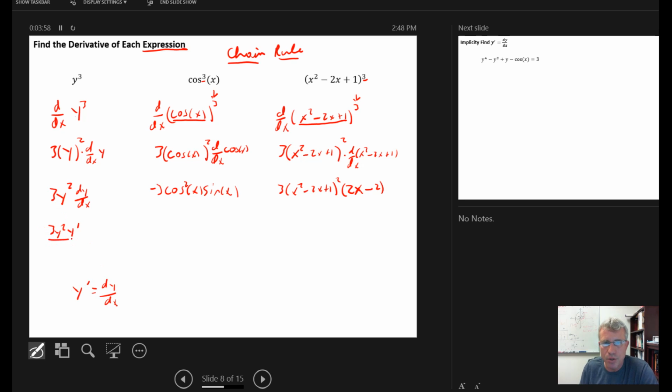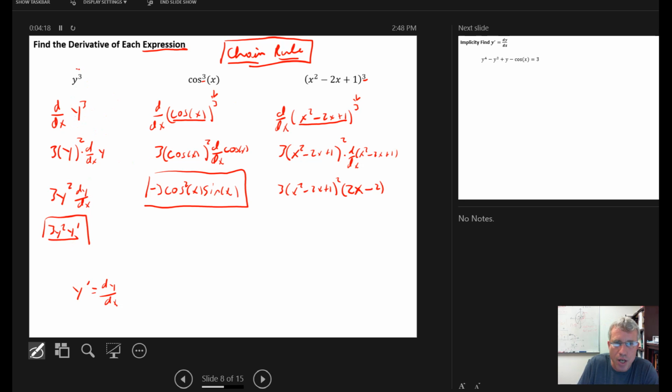The key is to notice that the process is the same in each of the 3 cases. We have something being cubed, something being cubed, something being cubed. For each case, we need to use the chain rule. So in this case, because y is implicitly defining some function of x, we call this utilization of the chain rule to take the derivative d dx of y cubed implicit differentiation.